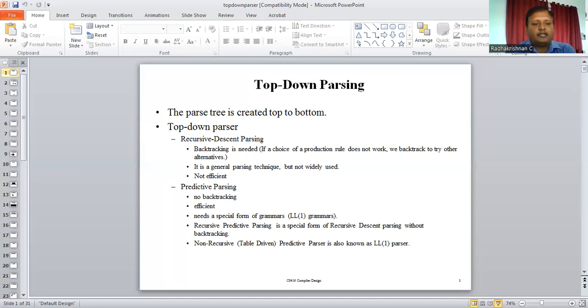We pop the X symbol; the pop operation is a stack operation. From the top of the stack, X will be removed, and simultaneously the reader input A is consumed and we move on to reading the next input character. If X is a non-terminal, the parser does a lookup of M[X, A], which holds a production rule X gives Y1 Y2 up to Yk.